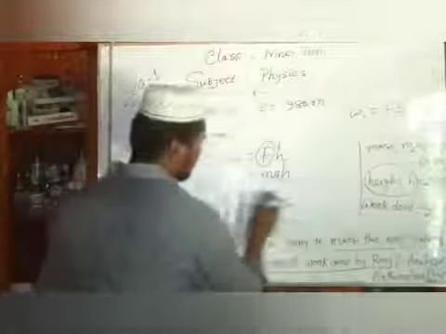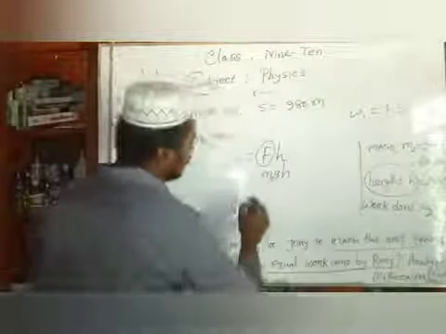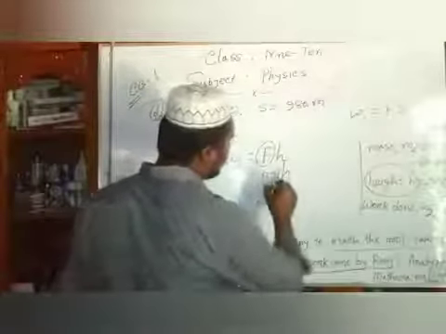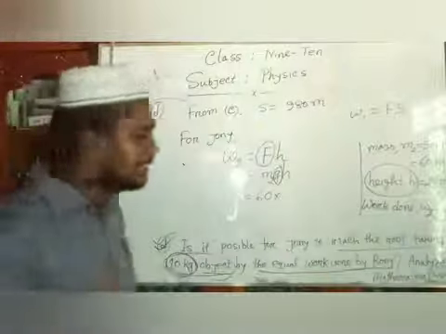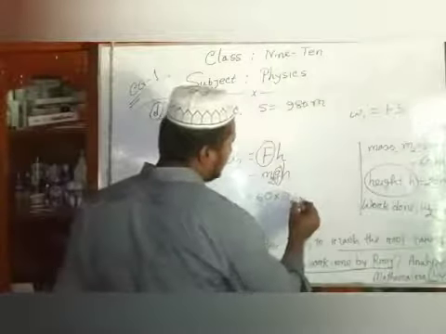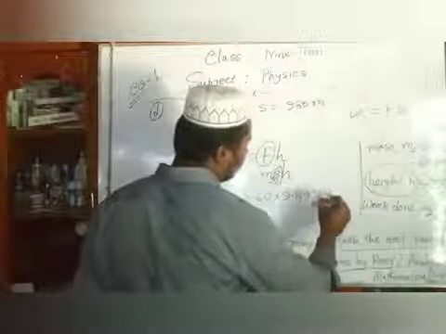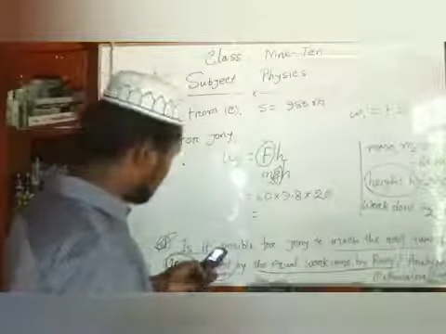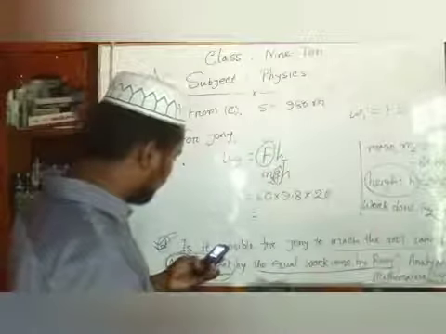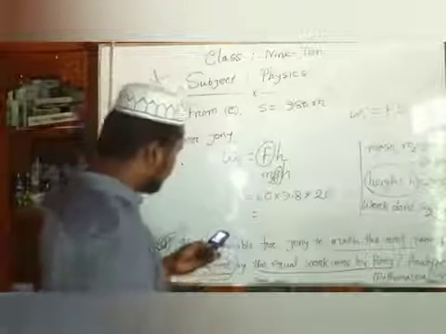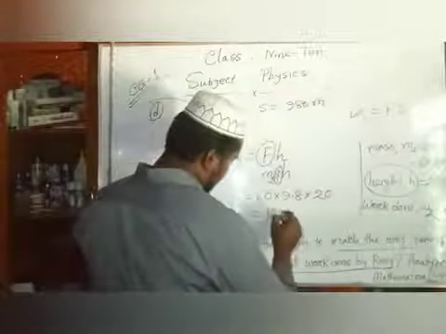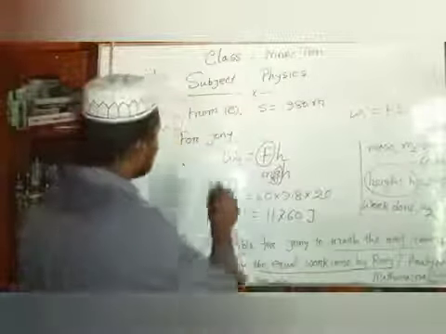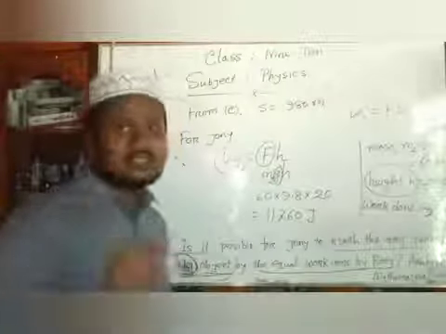Just input the values: m2 is 60, into g, the acceleration due to gravity, 9.8, into S, that means 20. Then 60 into 9.8 into 20 is 11,760 joule.